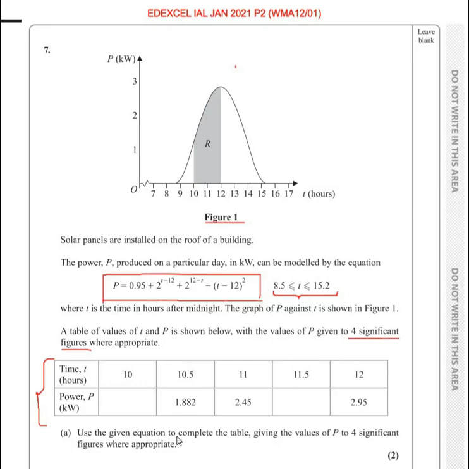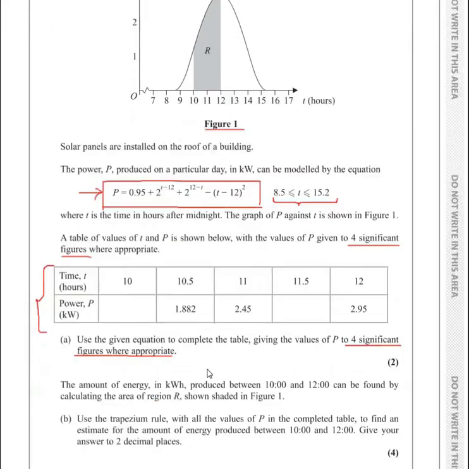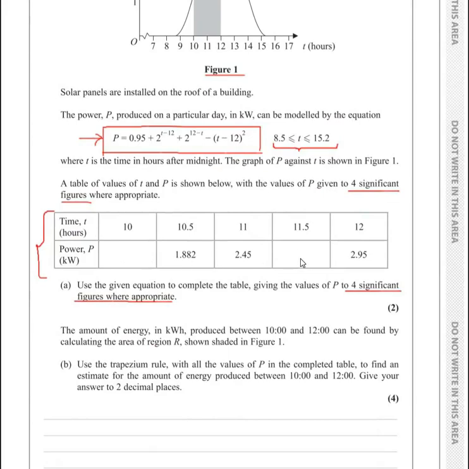Use the given equation to complete the table, giving the values of P to 4 significant figures where appropriate. So basically we are being asked to fill up these empty boxes using this equation and to write how much power we get at that particular given time. So we have to substitute the values of T in this equation and get the value of power.